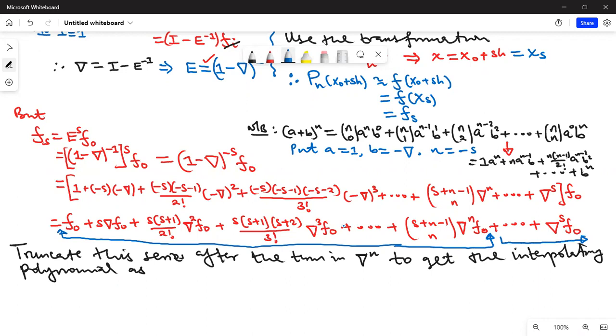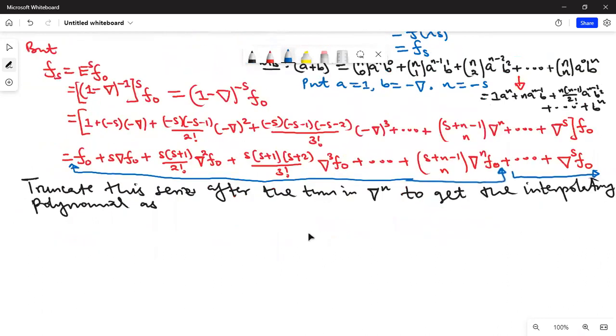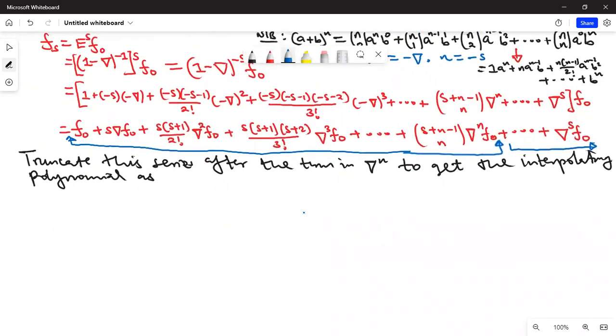So we are going to get our polynomial as p, because it's a polynomial of degree n, so that is pn of x. And remember, x is x naught plus sh.